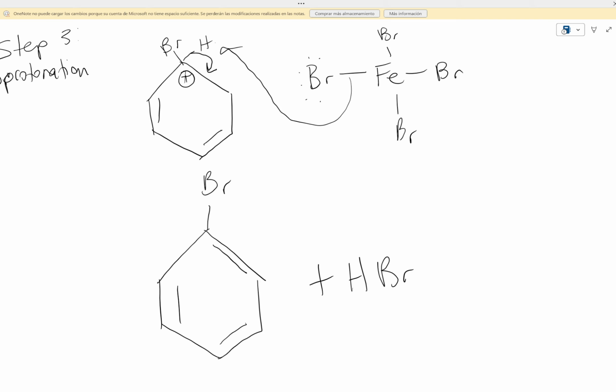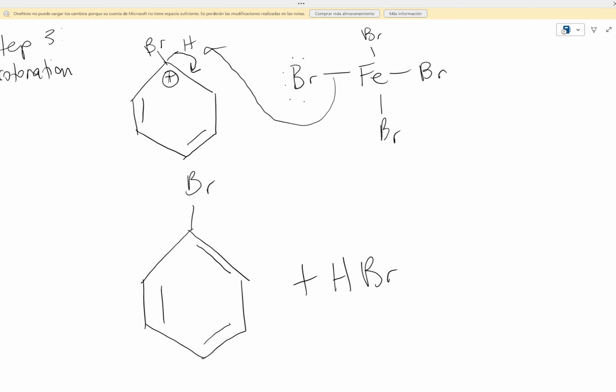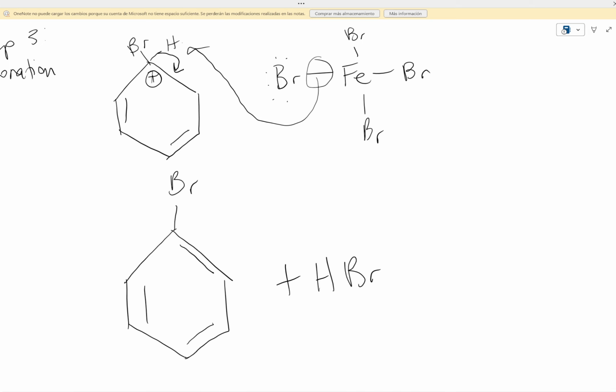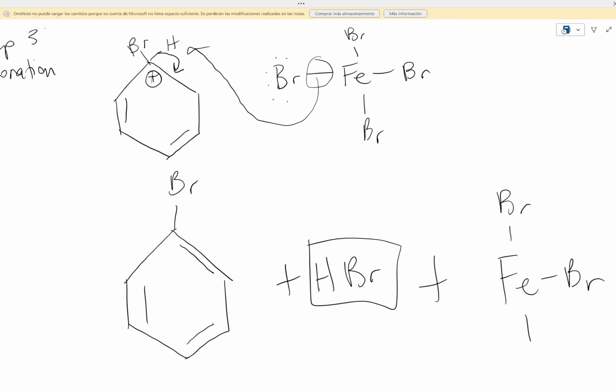I put the arrow in the wrong place a while ago. Looking at this now, the electrons actually come from the bond here and the bond there. So it breaks this bond, creating hydrogen bromide. And then we end up with the Friedel-Crafts catalyst at the end of the reaction, chemically unchanged. And that's what the catalyst is.